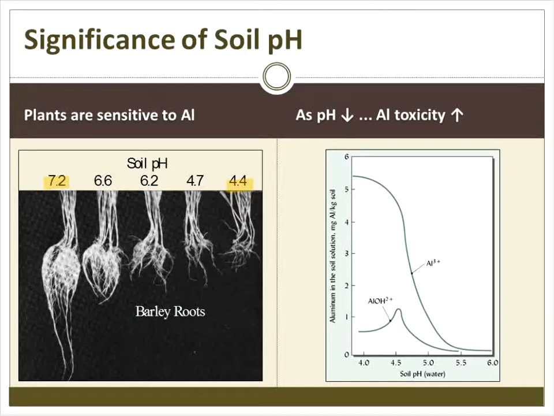Now, when we get further into this presentation, you're going to hear Dr. Osmond talk about something called nitrogen use efficiency. Nitrogen use efficiency has a lot to do with roots.